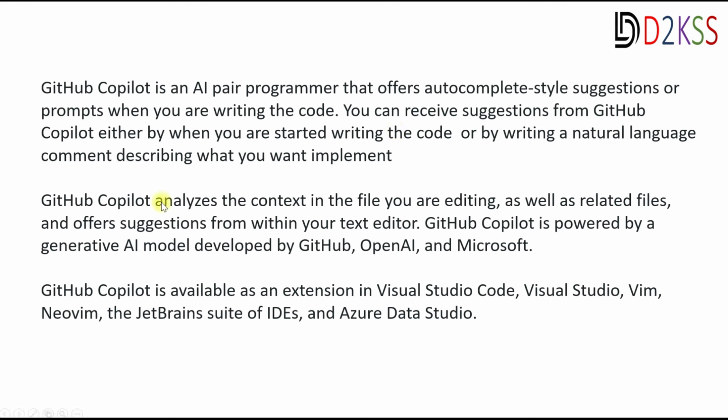So how does it work? GitHub Copilot analyzes the context of the file. What you are writing, it will analyze, and the related files also, and it offers suggestions from the text editor. Perfect.